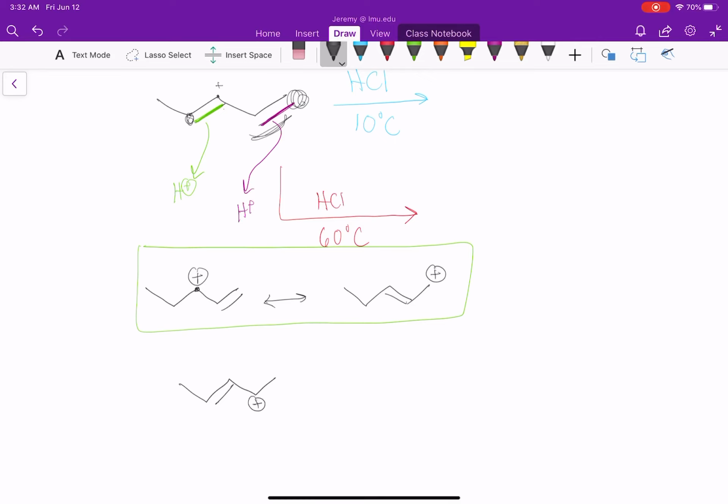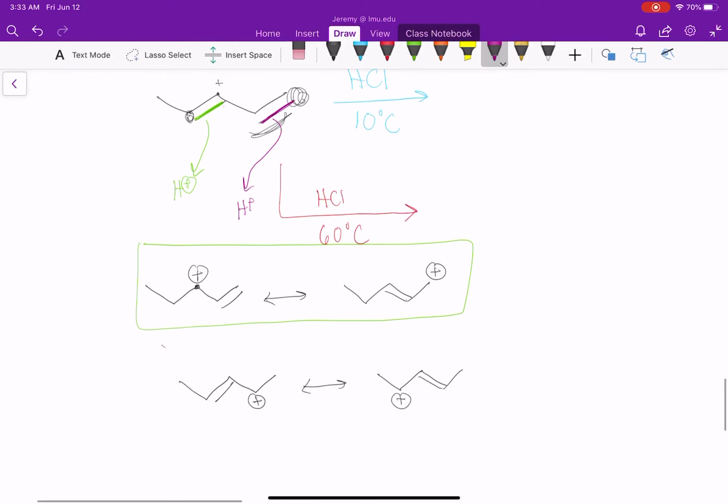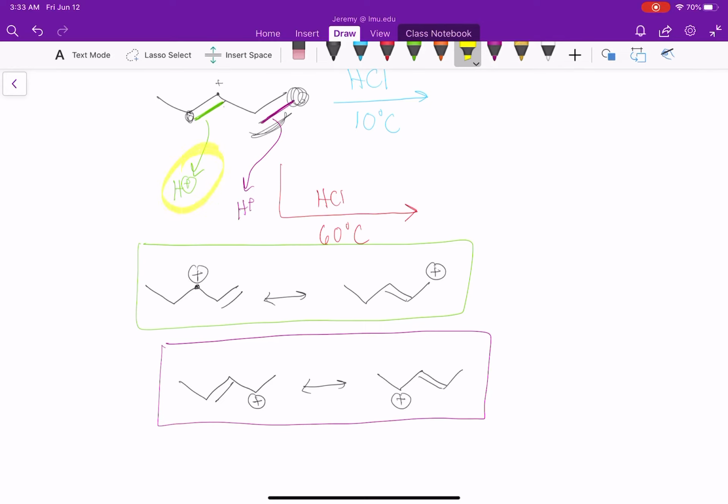The carbocation is allylic because we have to draw a resonance structure. So here's the purple path. Okay. We protonate green, draw the two resonance structures. We protonate purple, draw the two resonance structures.